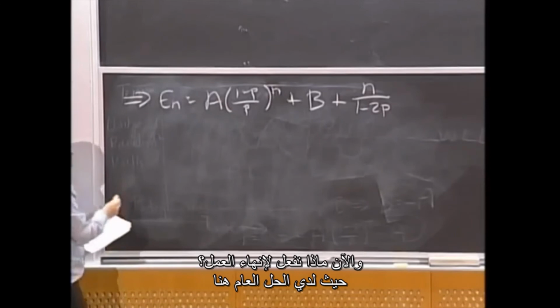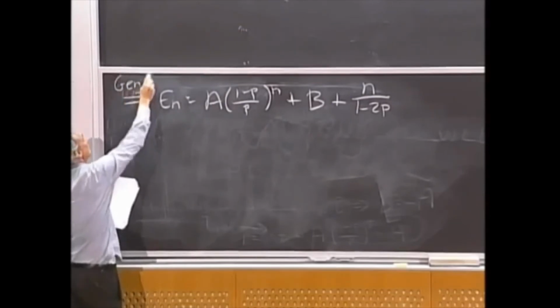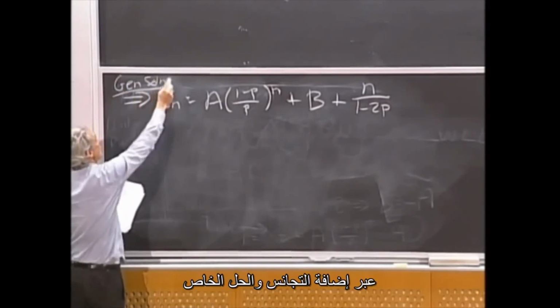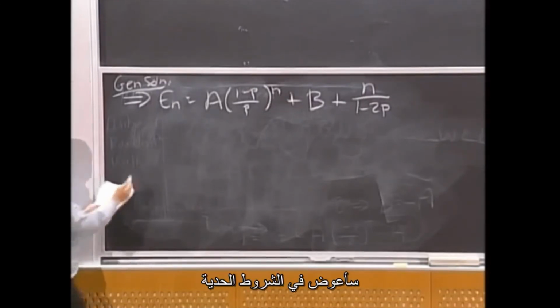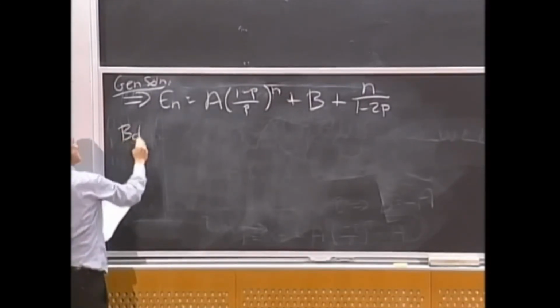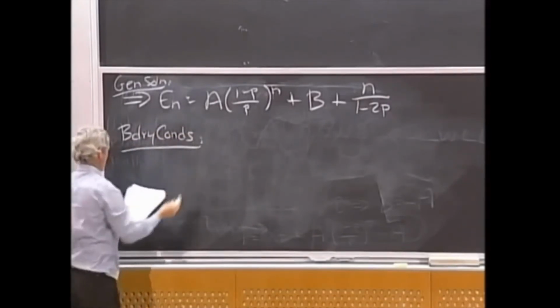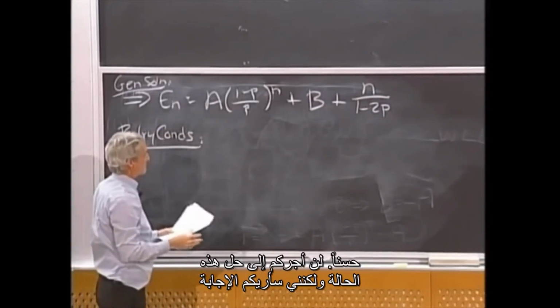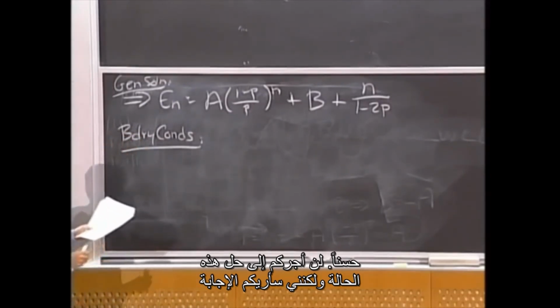And now what do we do? To finish out, I got my general solution here by adding up the homogeneous and the particular solution, plug in the boundary conditions. All right. I'm not going to drag you through solving this case, but I'm going to show you the answer.